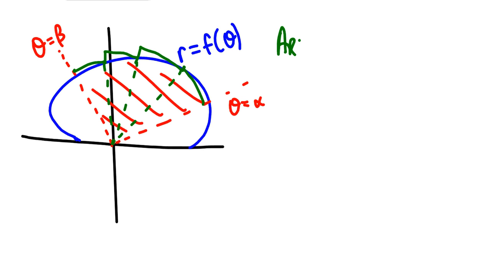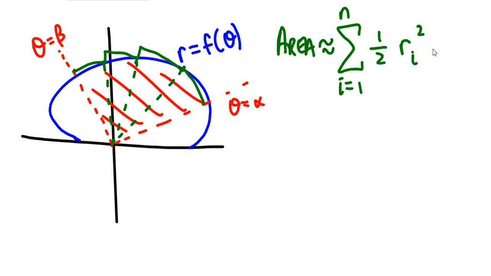So when we go to find the area, it's approximately a sum of n different sectors, and we find the area of a sector by taking 1/2 times the radius of the sector squared times the angle between the rays, and that's some change in theta. That's what we do in polar coordinates. We don't use rectangles because we're not in rectangular coordinates. We use sectors because we're in polar coordinates. And then I think you know where this goes.